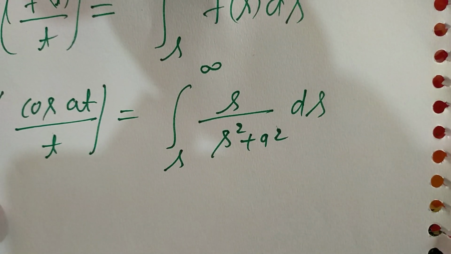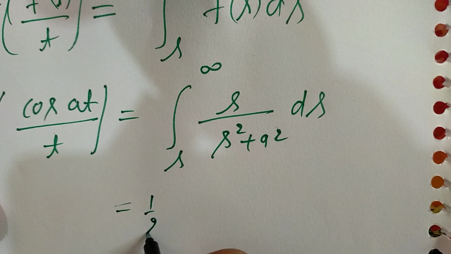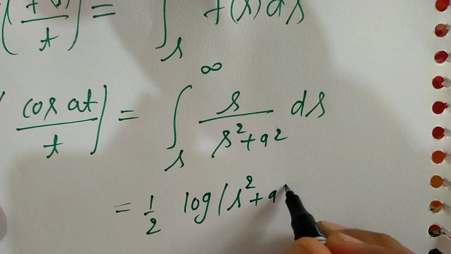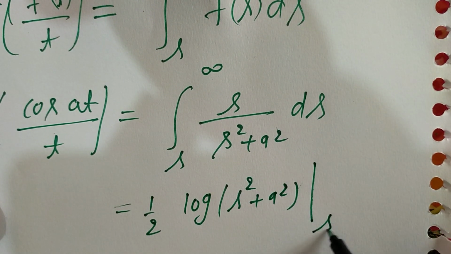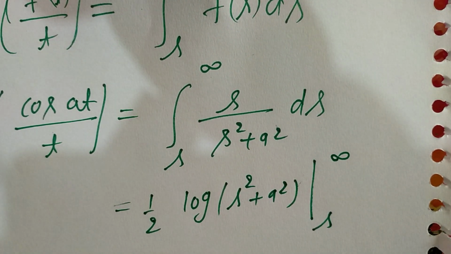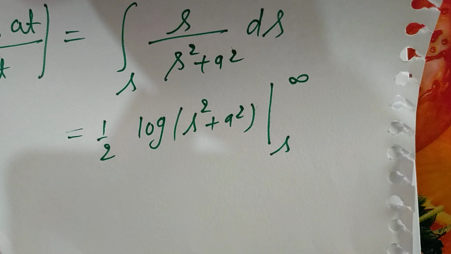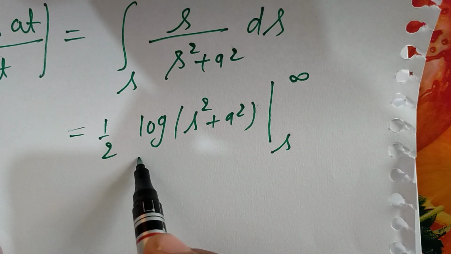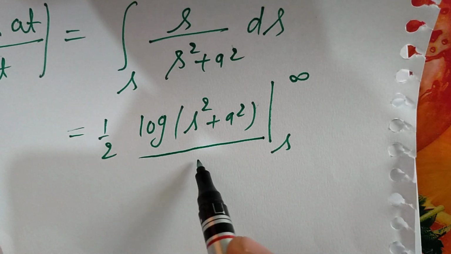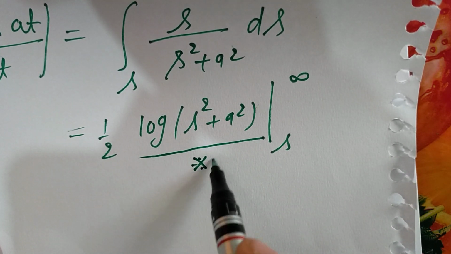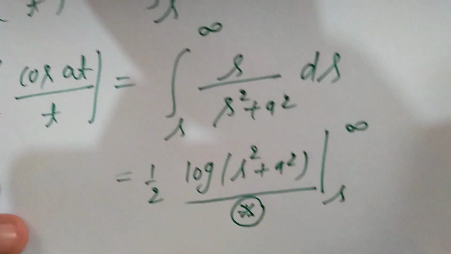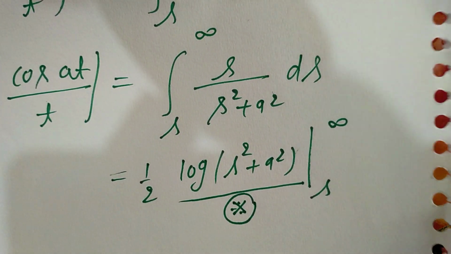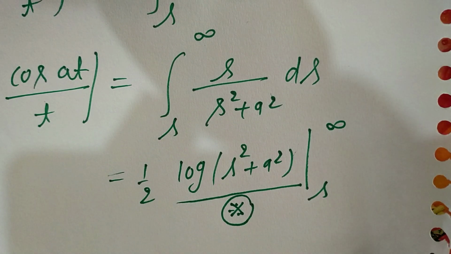Let us try to solve this integral. This will be 1 by 2 log of s square plus a square with limit s to infinity. At the upper limit we get log infinity, and log infinity does not exist. So we can say Laplace of cos(at) by t does not exist because this limit does not exist.